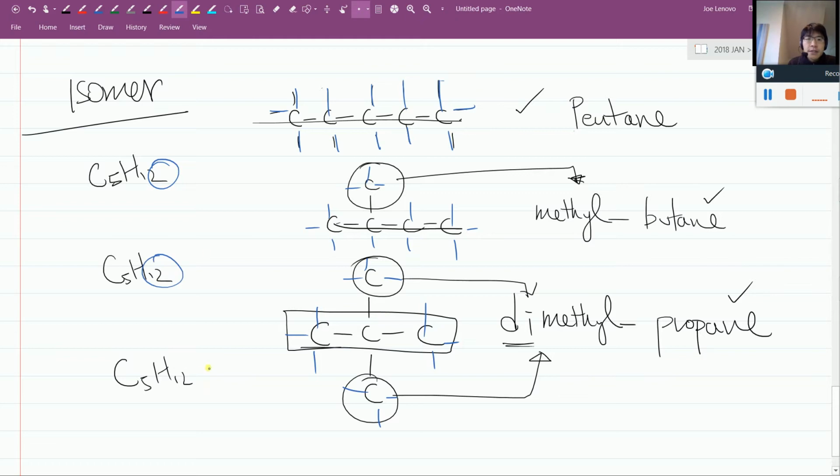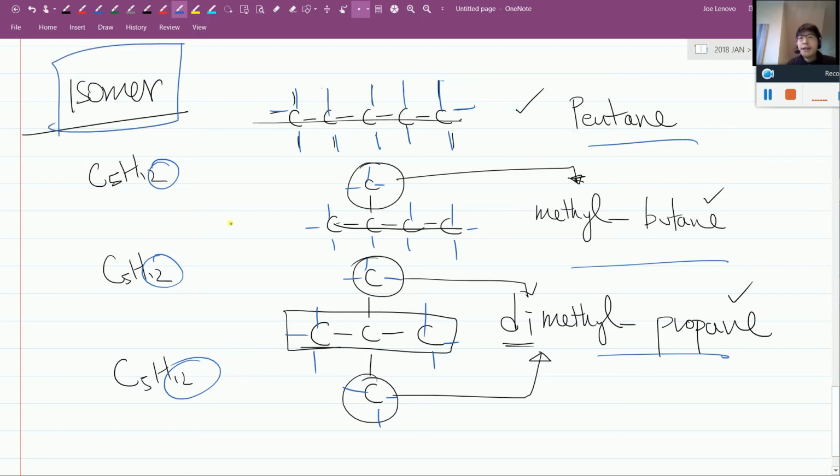They all have C5H12, and they all have different names. When you have different names with the same formula, they are isomers of each other, more like brothers to each other. In chemistry we don't call them brothers, we just call them isomers. So when we have isomers, we have the same chemical formula but different names.